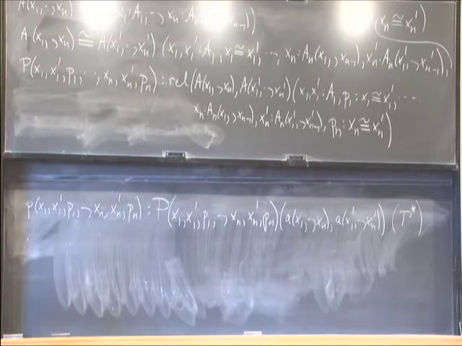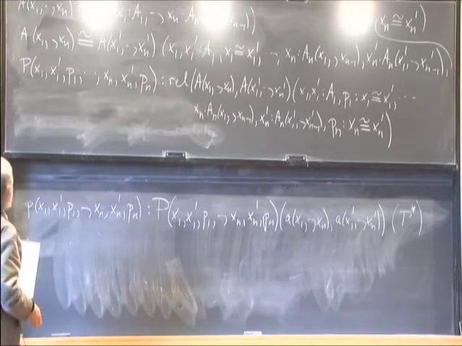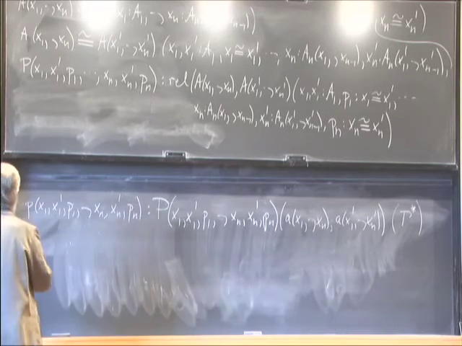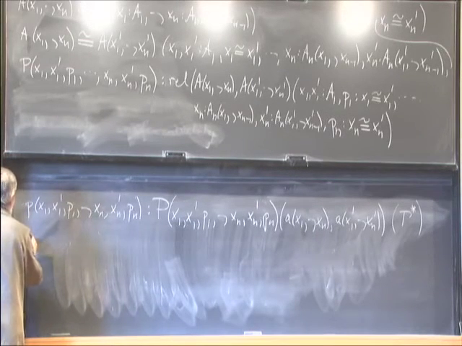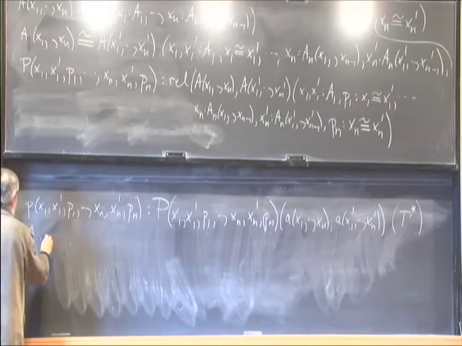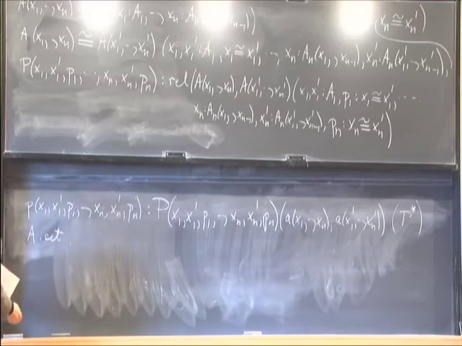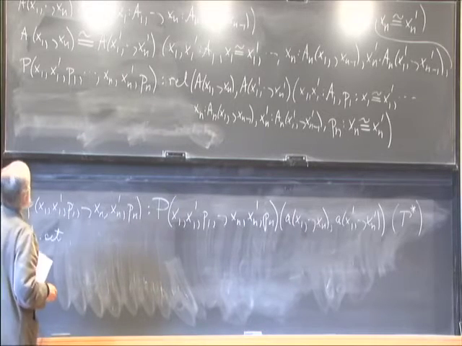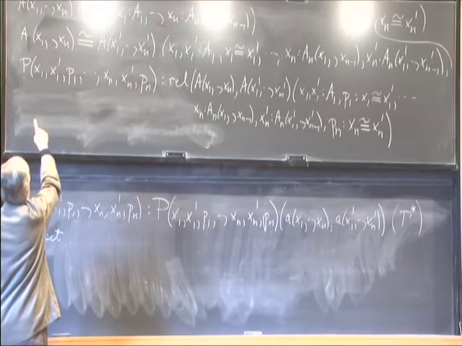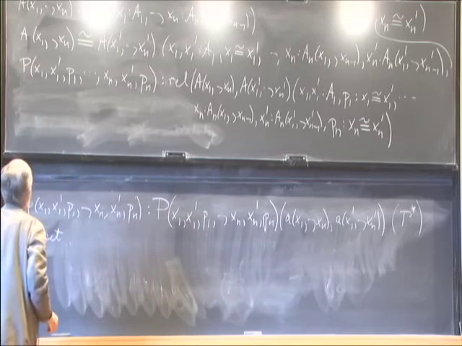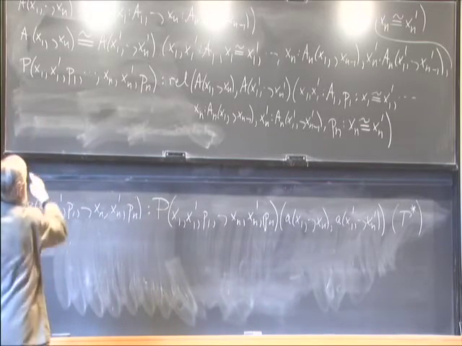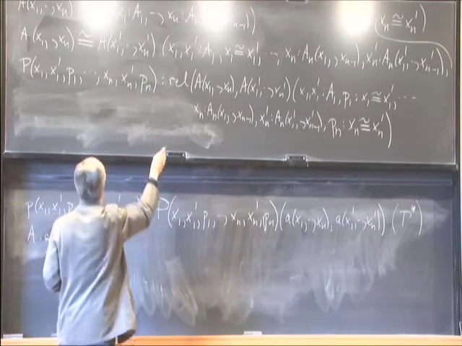So now for n equals 0, the simplest case, what does this amount to? Well, it amounts to saying that if we have a set A, then we will have an isomorphism, which I've called P here, between A and itself.